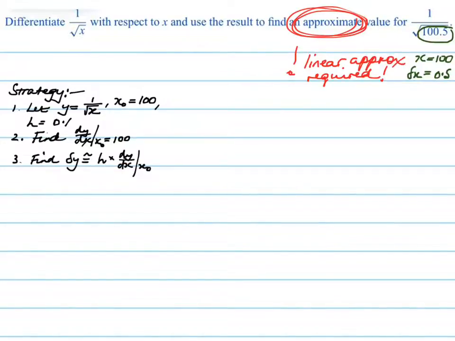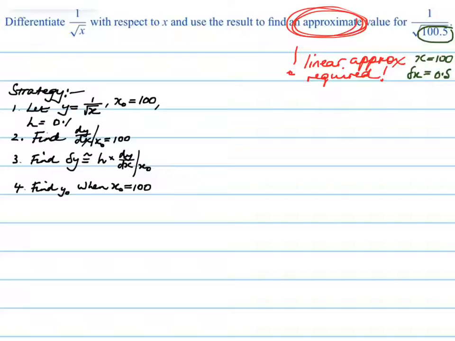Remember, we're defining y equals 1 over root x. Delta y would be approximately equal to h times dy dx at x0, wouldn't it? Now that's delta y, but we need y1, the new value of y, don't we? So we've got to work that bit out as well. First of all, we'll find what y0 is, when x0 equals 100.